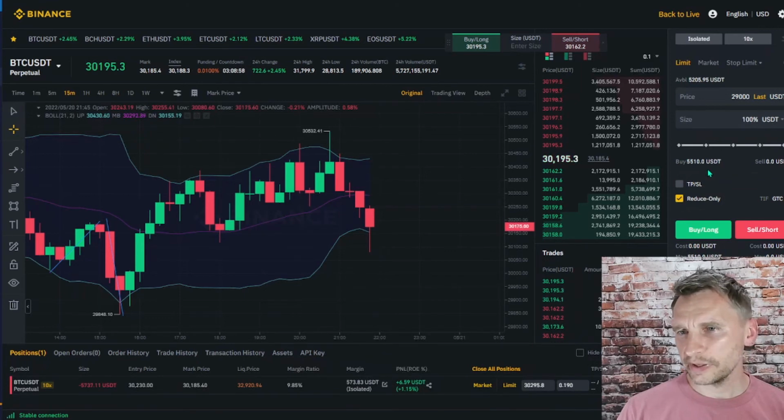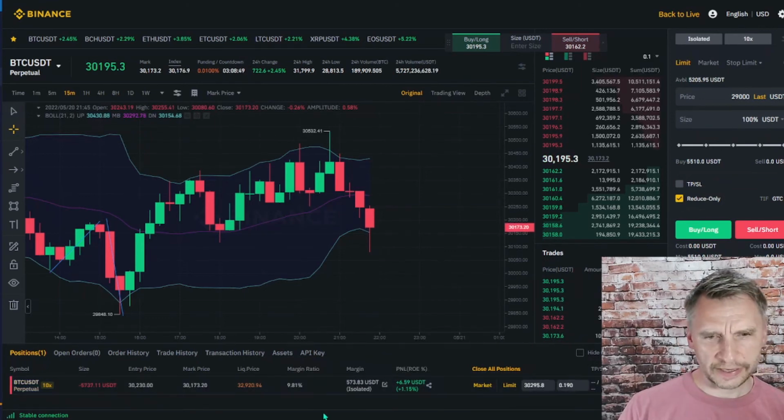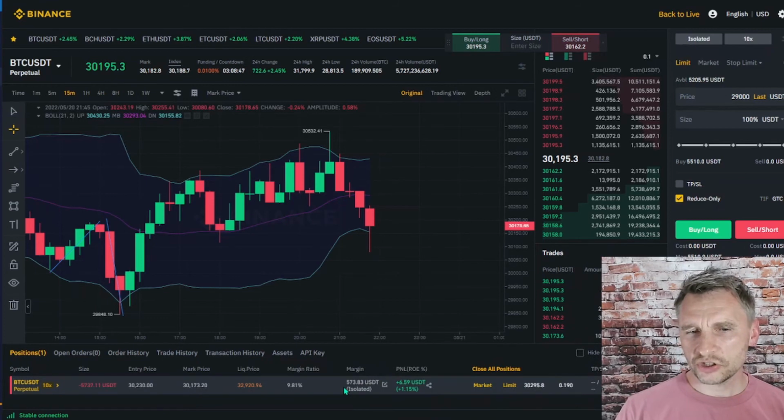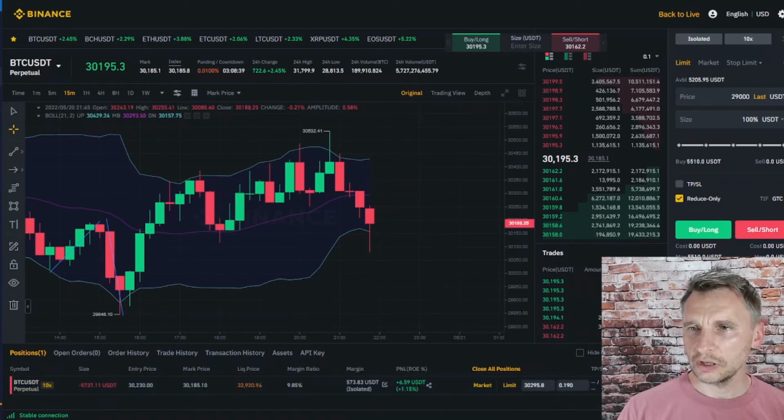That'll close your entire position. Here's the size. Your margin is $573 times 10, which gives you $5,737. So if I wanted to close the position, I will close all of it, 100% USDT. This is my margin, and then I would go in the opposite direction, which means I have to buy.